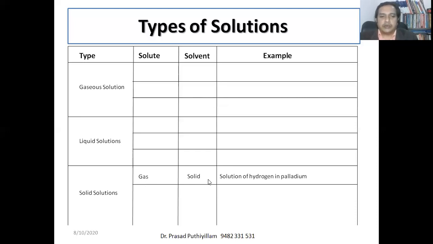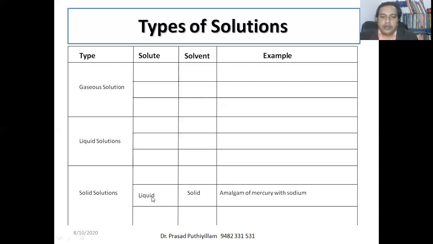First case, gas as solute and solvent is solid. For example, hydrogen gas present with palladium. We see this type of example in palladium batteries, in which hydrogen is adsorbed on palladium. Liquid in solid, say an amalgam of mercury with sodium, is an example for liquid in solid.